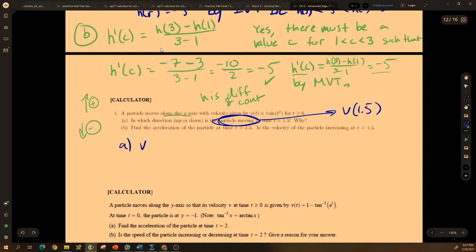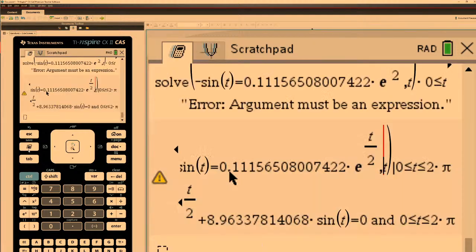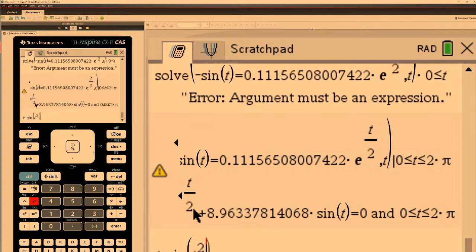So for A, we're going to just say v of 1.5 equals, and then we're just going to plug this into our calculator. This is very easy, very quick. So v was t times, make sure you put that times, otherwise it won't come out right, sine of t squared. And then I'm plugging in, I'm not solving, I'm plugging in, time 1.5.